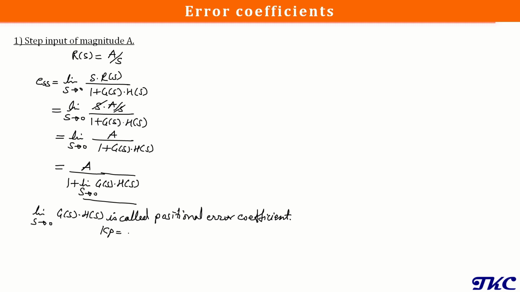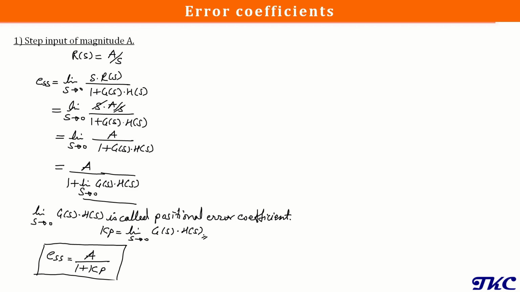So Kp will be equal to limit s tends to 0 G of s into H of s. By substituting Kp here in place of that limit, we will be having steady state error as A by 1 plus Kp.